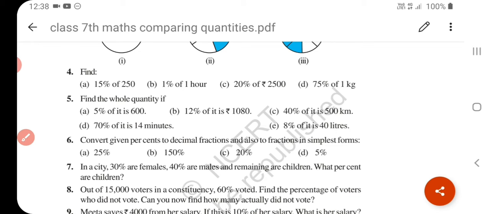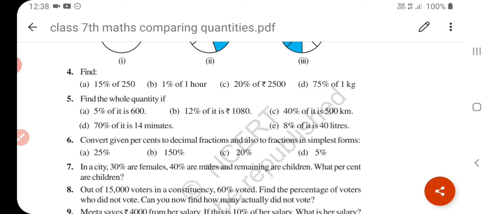Now second one, 1% of 1 hour. What is the answer of this question? In 1 hour, how many minutes are there? In 1 hour there are 60 minutes.